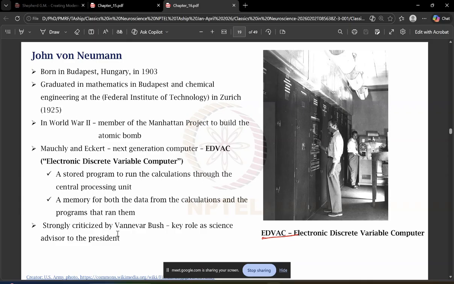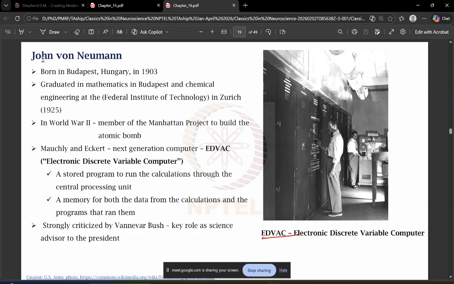But Vannevar Bush, ironically, strongly criticized EDVAC, and he was saying that it is a waste of time, effort, money, and everything, and he thought that it's not actually very useful. That was Bush's thought on this EDVAC that Mauchly and Eckert were trying to make.